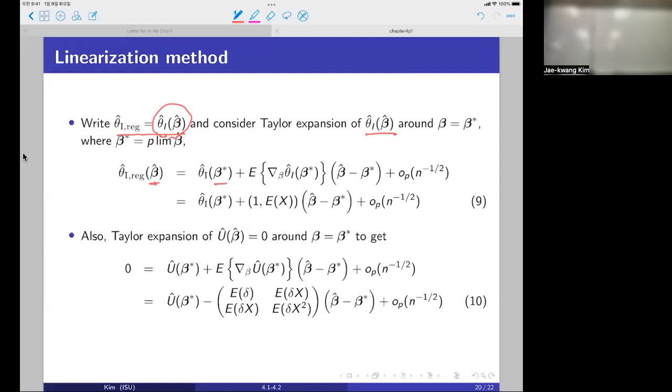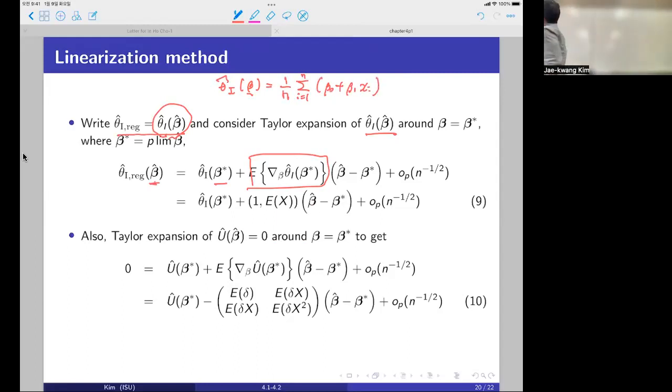Okay. Now, the key part is what is this, right? Remember what is beta hat, beta hat in the very beginning. So this guy is 1 over n, the sum from 1 to n of beta 0 plus beta 1 xi. That's it.